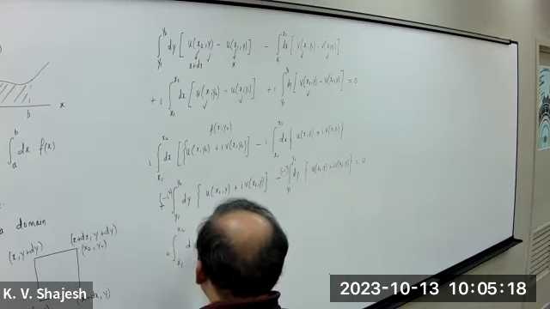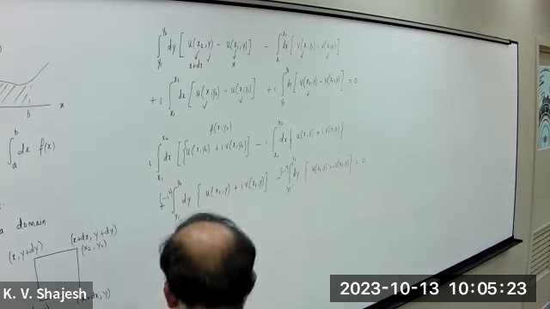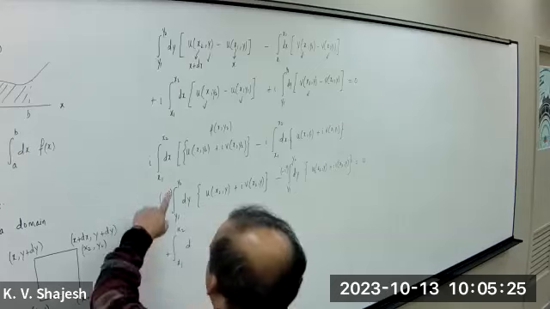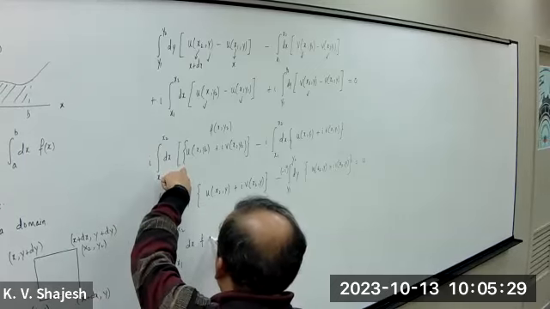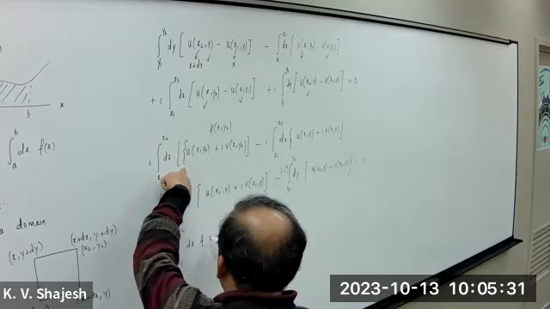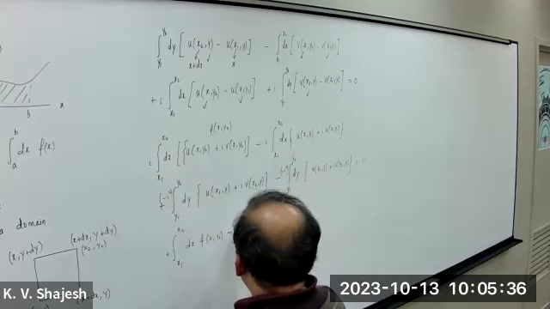We'll come to that, and that's your f. So this is the integral from x1 to x2 dx of f of x comma y2, minus the same thing, f of x comma y1.